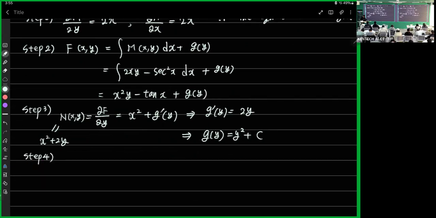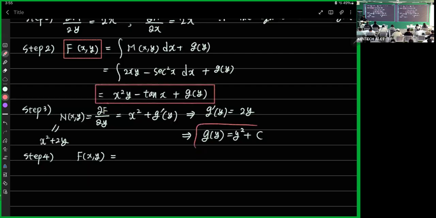So f of x comma y is going to be what? We have so far this, and g of y is this, right? So f of x comma y is going to be x squared y minus tangent x plus y squared plus c.